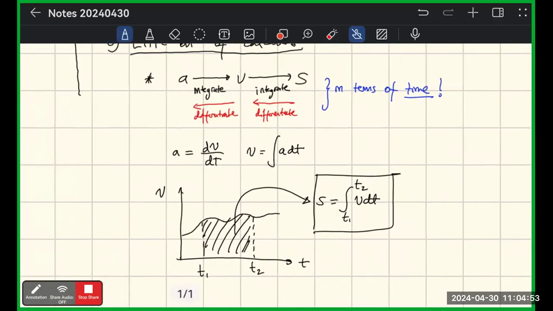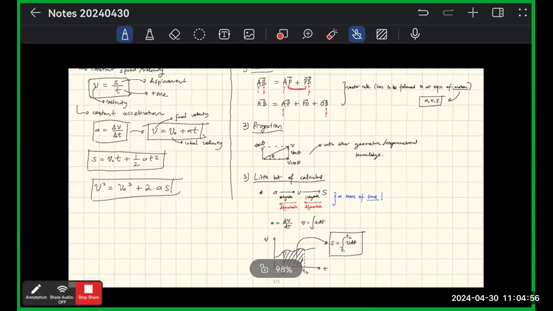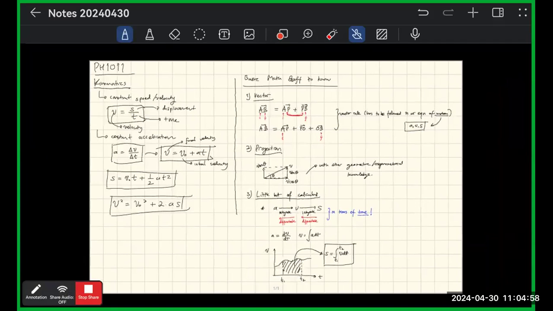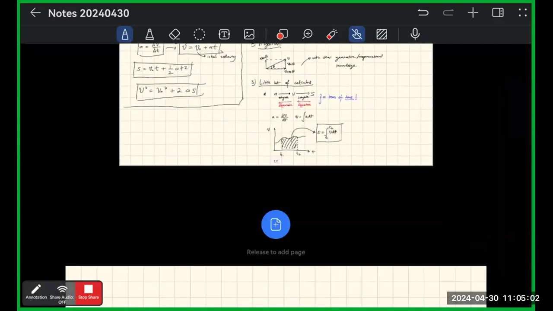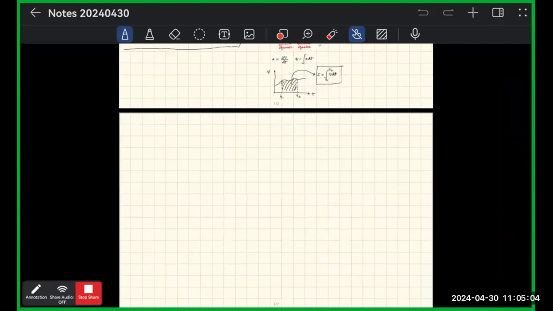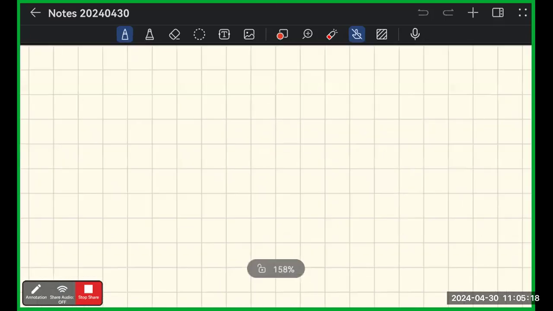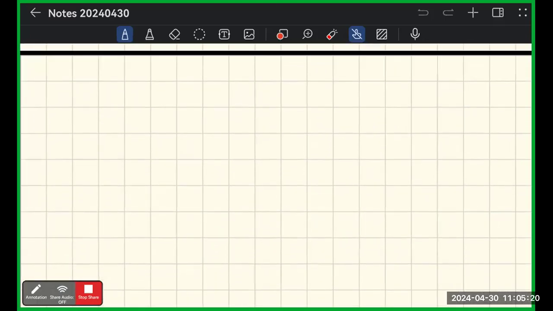So yeah, I think that's all you need for the basic materials. We'll just jump right into the questions. Wait, I don't think we can jump into the questions yet, because first we have to talk about parabolic motion.